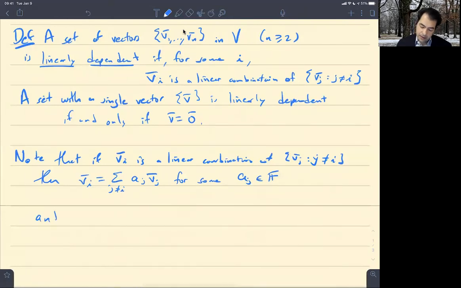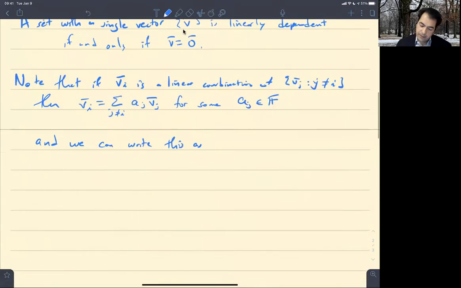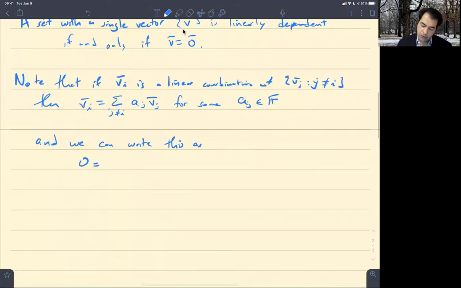And we can write this as 0. So let's just put the vi on the other side. 0 is equal to a1 v1 plus dot dot dot. At some point this vi shows up, so we'll put a -1 times vi plus dot dot dot, and then at some point you have an vn.